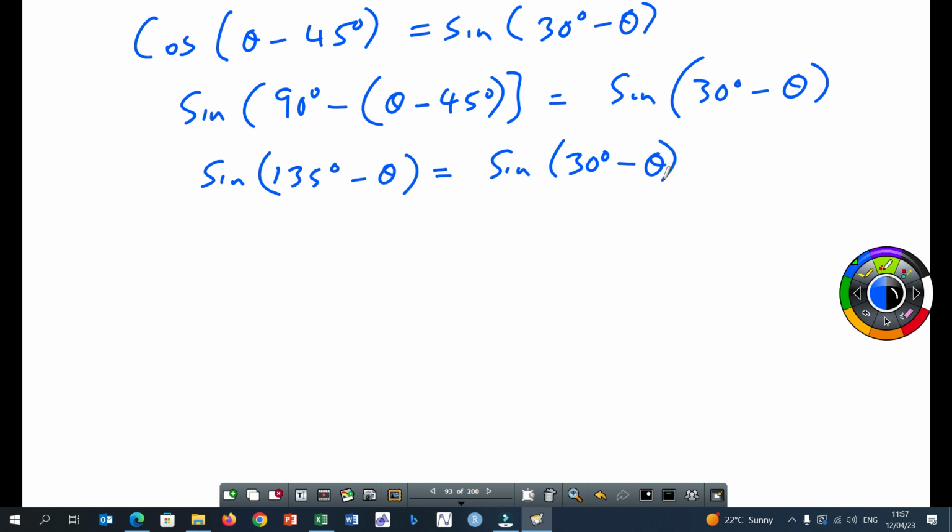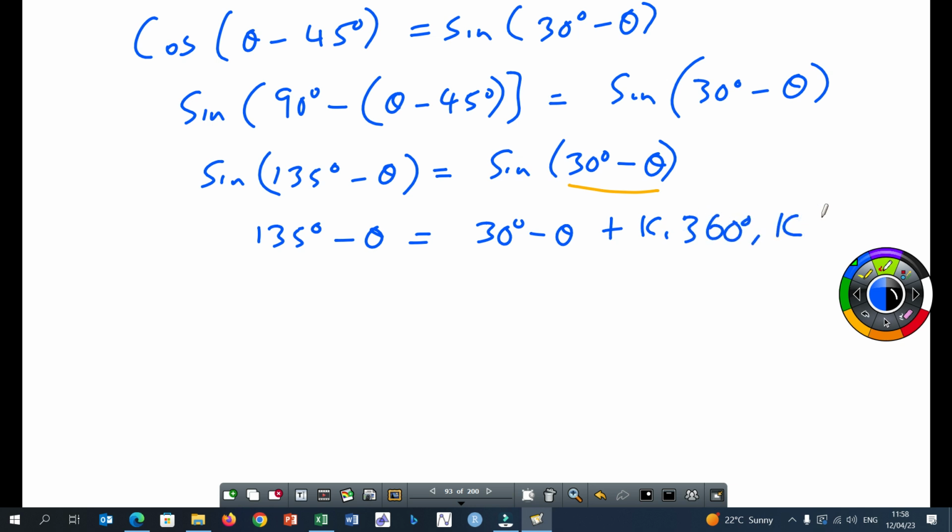Now, you all know that sine has got 2 general solutions. So here, our reference angle is this angle here. So we end up having 135 minus theta. I'll start in the first quadrant, so I'll take 30 degrees minus theta first, then I'll add k times 360 there, where k is an integer.